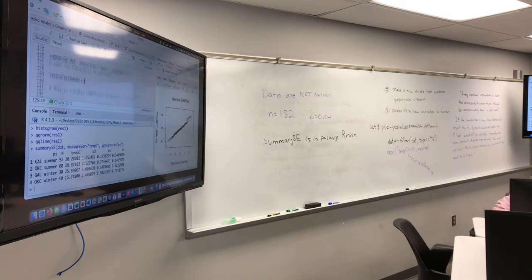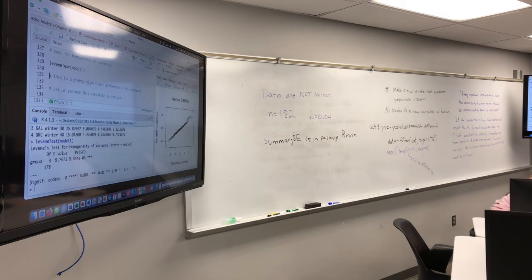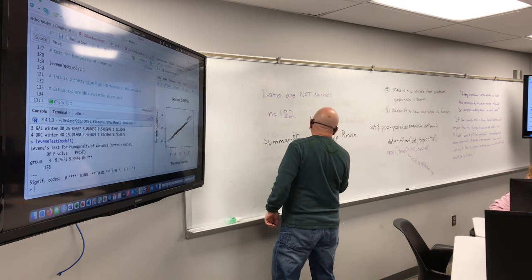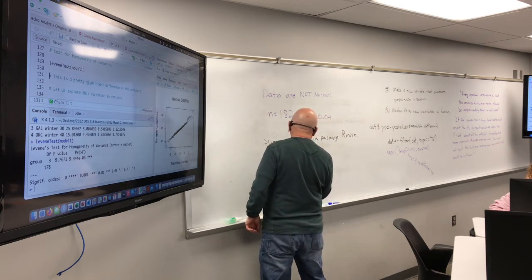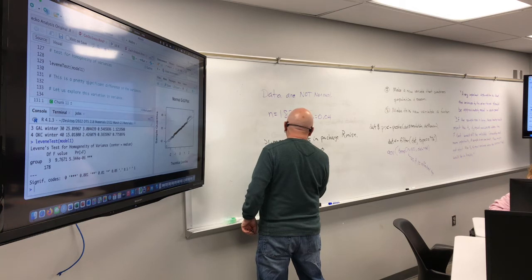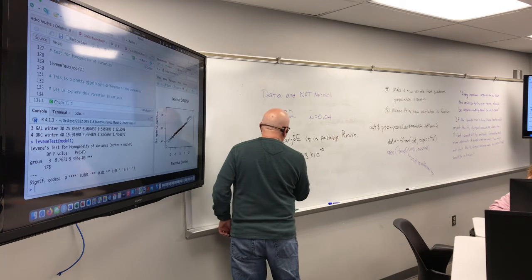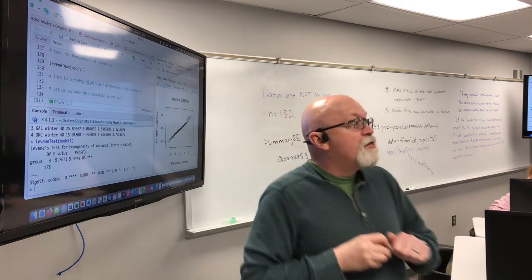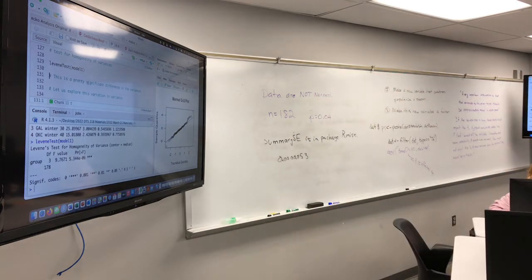So let's run Levene's test. Levene test on model 1, and what you should see is a really bad p-value. This is the p-value from Levene's test. These variances are not similar.